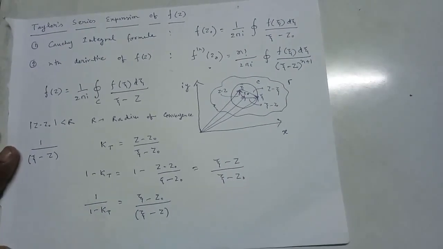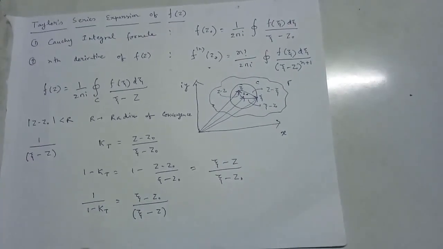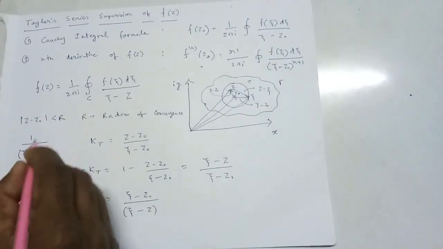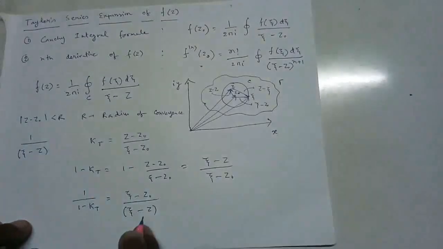So what we are getting? We are getting this factor which we want from this relation.